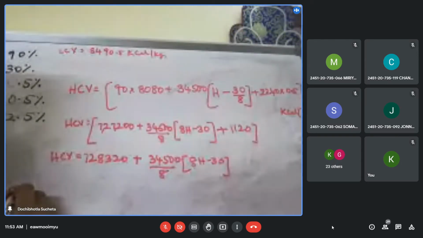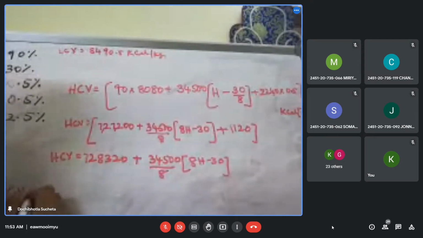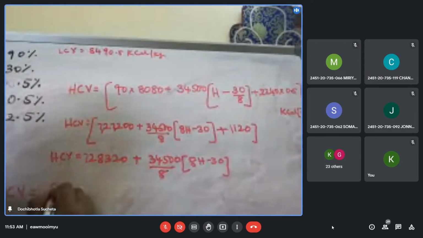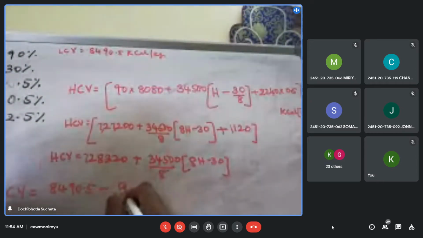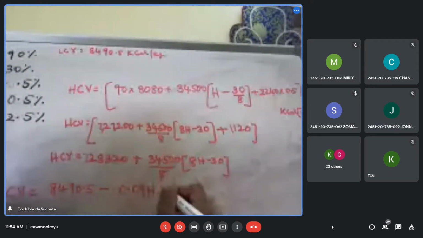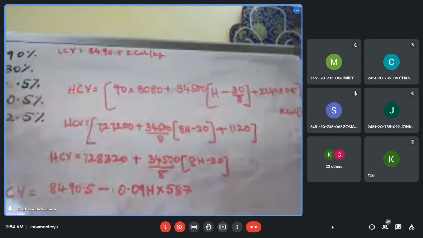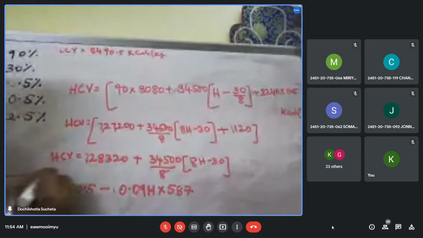Next equation: HCV is equal to LCV, that is 8490.5 minus 9H, that is 0.09H into 587. This is the second formula.